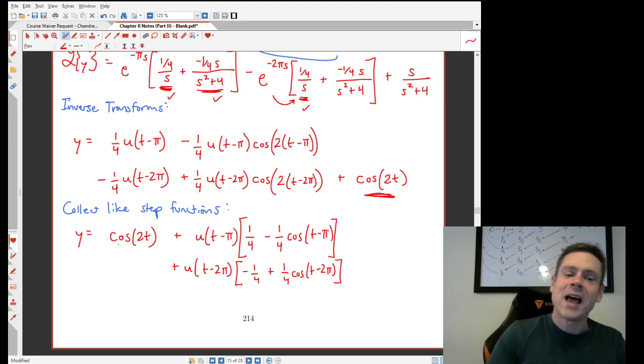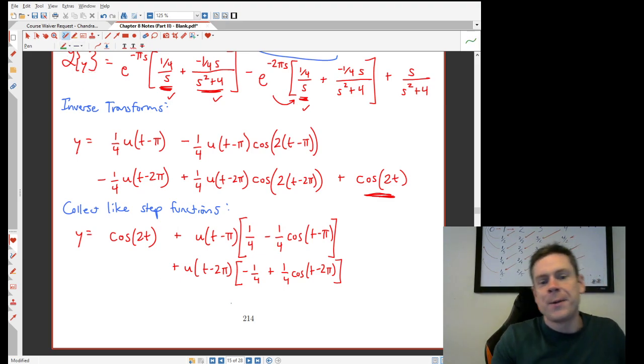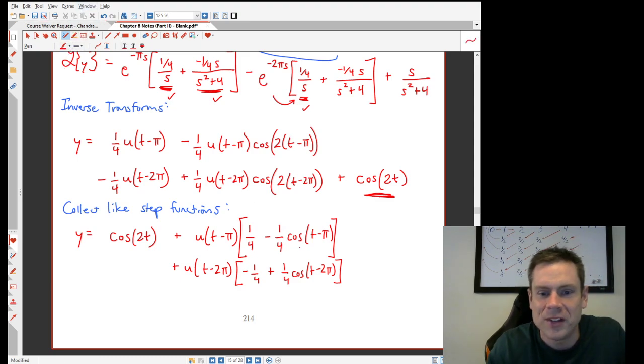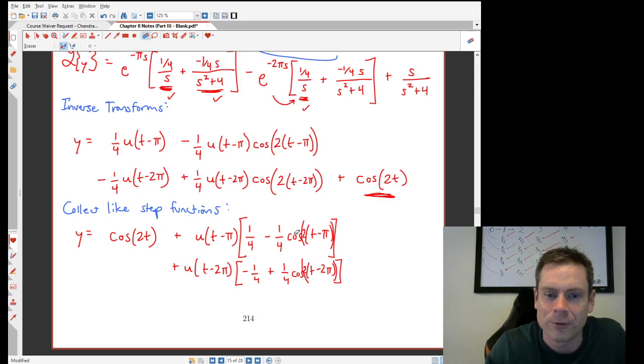But I want to make one last observation here, and it has to do with, let's see, the cos of 2, oh, I didn't write that down right, because it's cos of 2 times t minus 2 pi. So I almost missed that. I'm just going to rewrite this because I screwed this up.